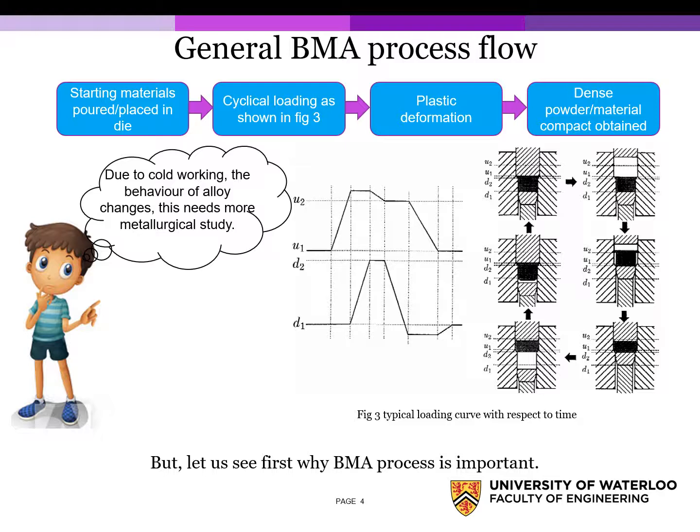This cyclical loading leads to plastic deformation of the material. In this way, a dense powder or material is obtained. But as we know, due to any type of cold working, the nature of the material changes, hence metallurgical behavior needs to be analyzed. But first, let us see why BMA is important for industry.